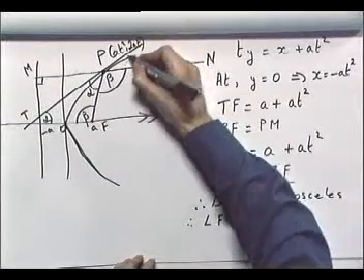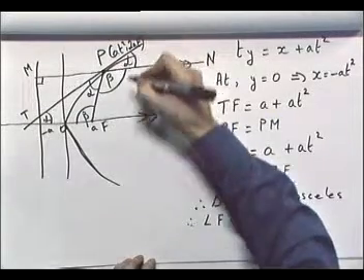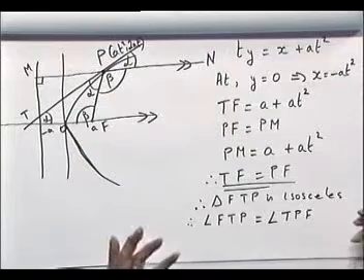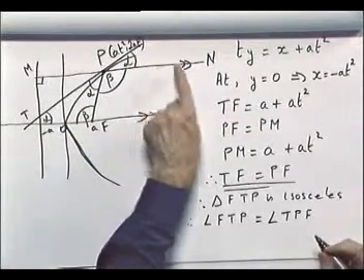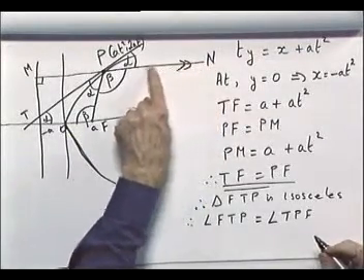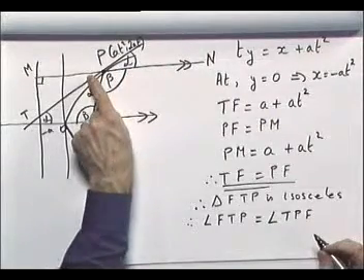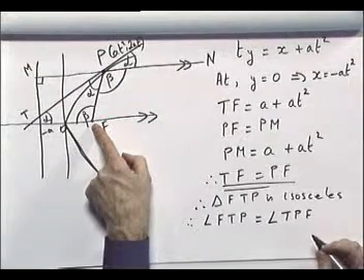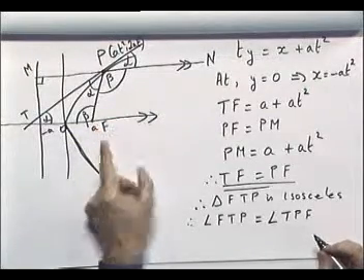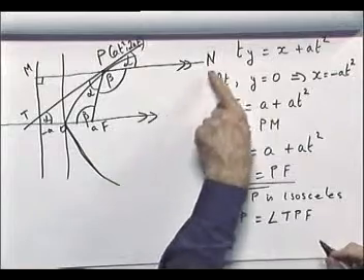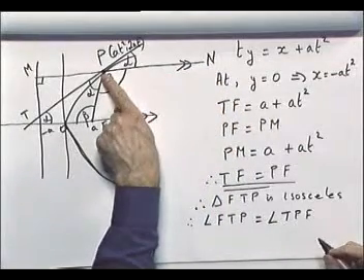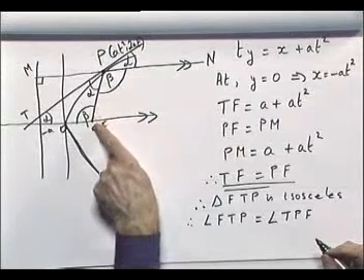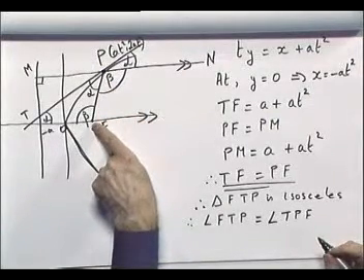And so this angle here is also alpha. Hang on a minute. What we're saying is that the angle that this line makes with the tangent is equal to the angle that this line makes with the tangent. In other words, if this was a ray of light coming in here, it would be reflected according to the law of reflection, and it would pass through the focus.